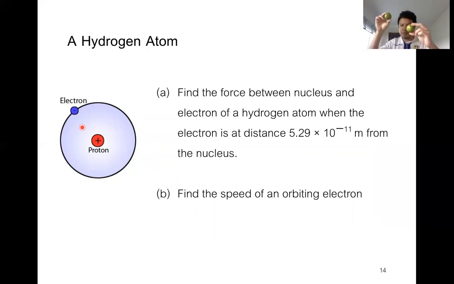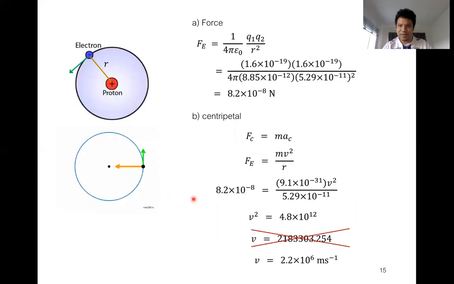With this circular motion, what you need is the force that is pulling the electron towards the proton so that they can do circular motion. So this question asks you to calculate the force between the nucleus and the electron when the electron is at a very, very small distance, 10 to the minus 11 meter, and then find the speed of the orbiting electron.